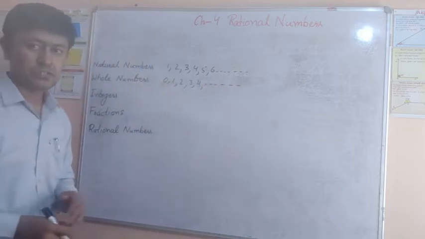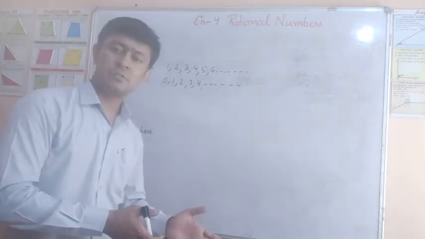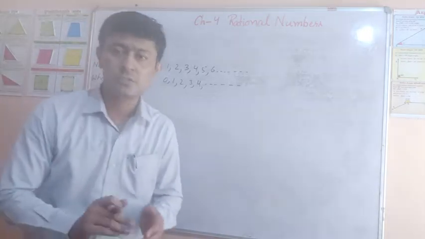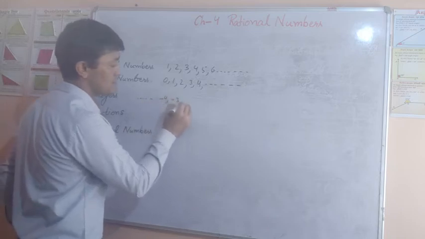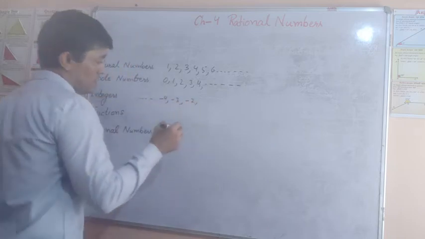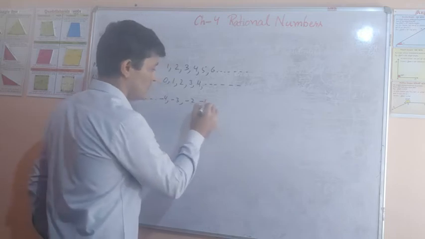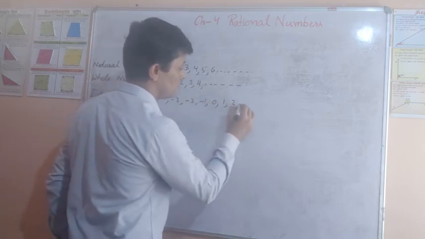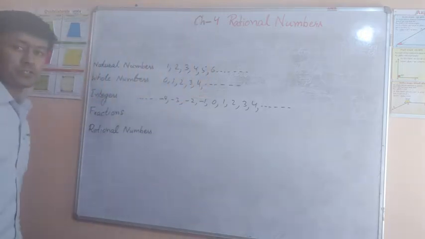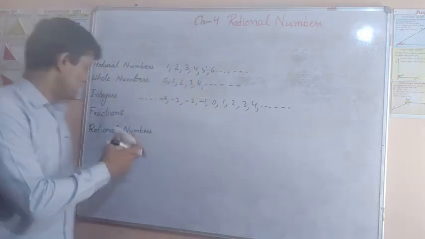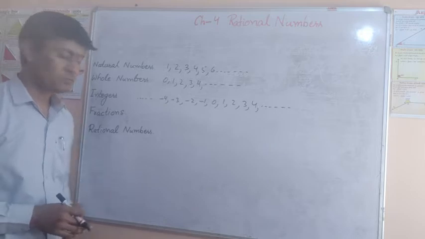And then the integers. Integers include both the negative numbers as well as the positive numbers along with 0. So here minus 4, minus 3, minus 2, minus 1, 0, 1, 2, 3, 4 and so on. These are the integers. In class 6 you have already studied the integers, right?